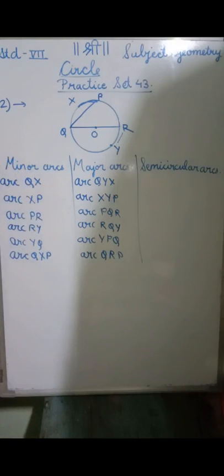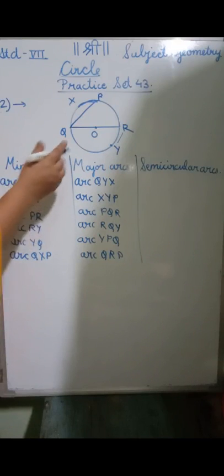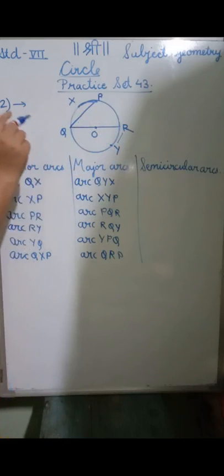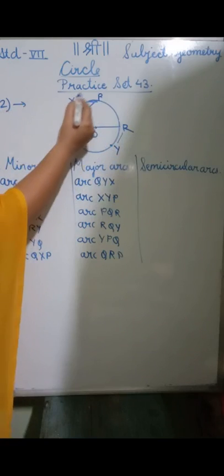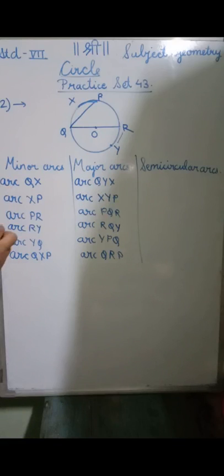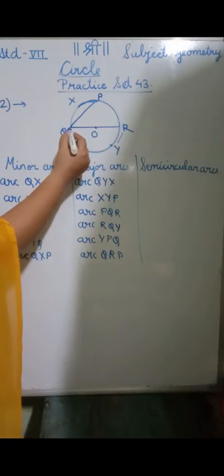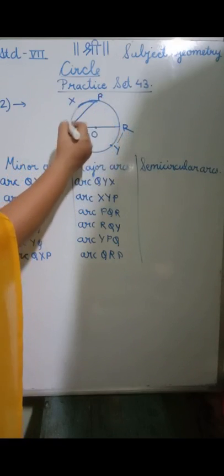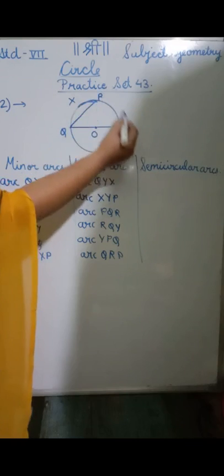Semicircular means which are exactly equal arcs. Okay. So if you see, this is a diameter. Diameter divides the circle into equal parts. So the upper one and the lower one are the semicircular arcs. So you can name this as arc QXR or arc QPR.